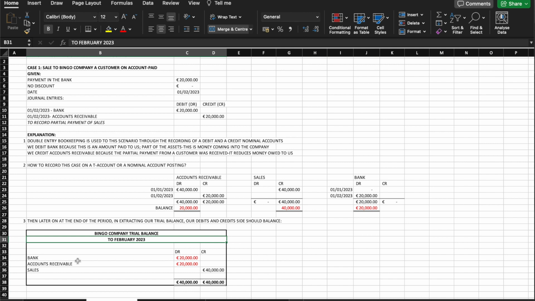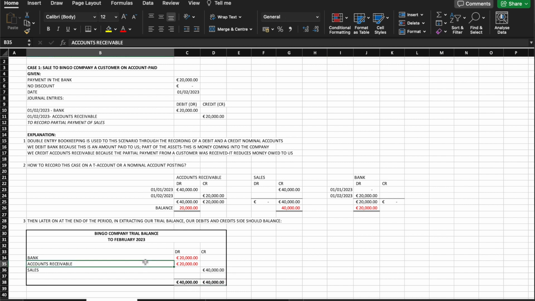So the bank is showing 20,000 now, guys. Accounts receivable, which is 20,000 also debit. And then of course sales 40,000. And the total is 40,40. So as you can see, the trial balance has to be balanced on each side. And that's how it is going to the trial balance report.